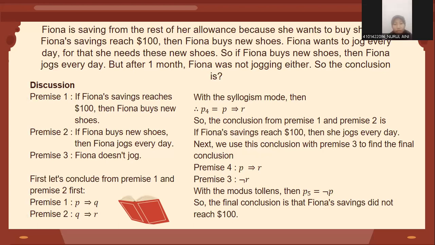Premise 4 is if P, then R. But premise 3 is not R, the negation of R. So Fiona doesn't jog. With modus tollens, we get premise 5, which is not P. So now the final conclusion is that Fiona's saving did not reach $100.